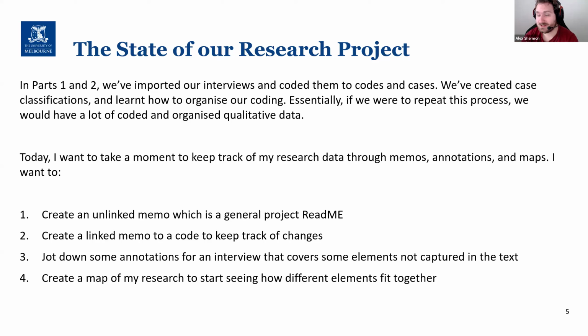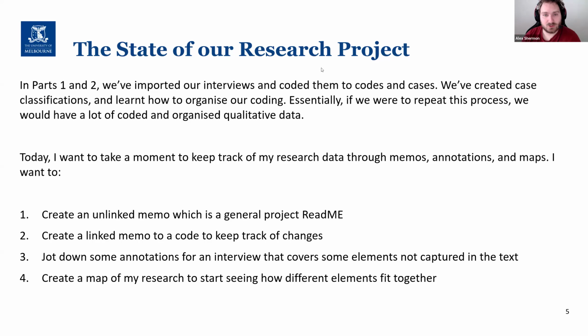You can also use them for things like field notes or research journals. And then looking at a linked memo for a code to track some of the changes in our thinking, writing down some annotations, having a look at a framework matrix, and then creating some maps to see how different elements of our project fit together.